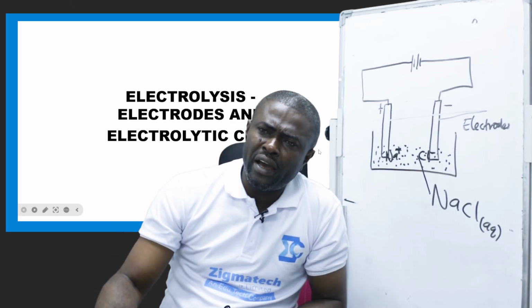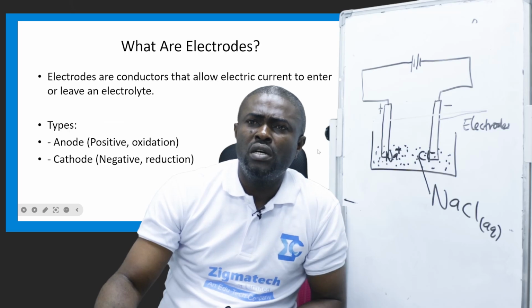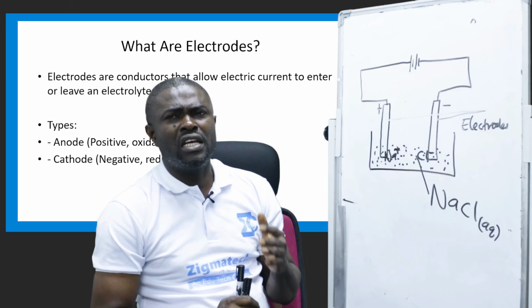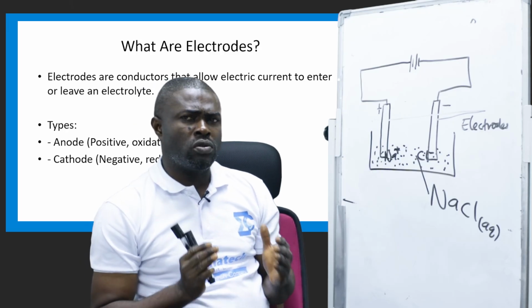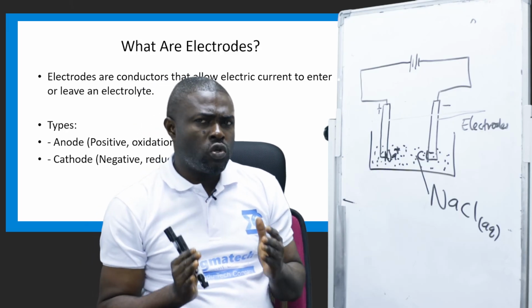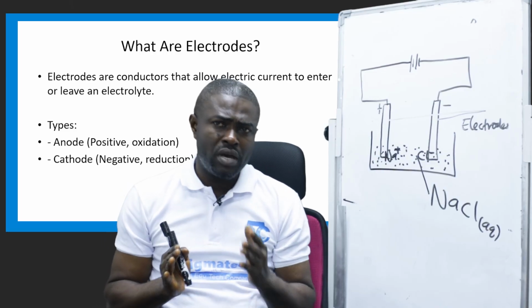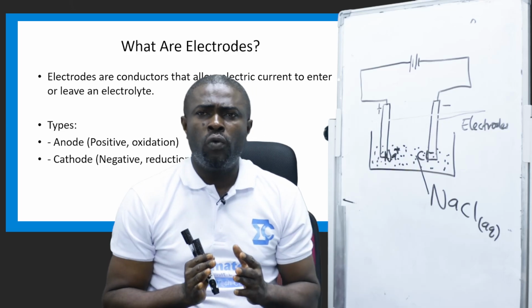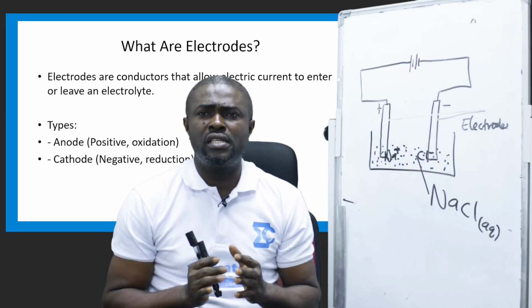Can we then define electrodes? What are electrodes? Having explained the two rods, and having told you the major function of these two rods, what do you think is the best definition?